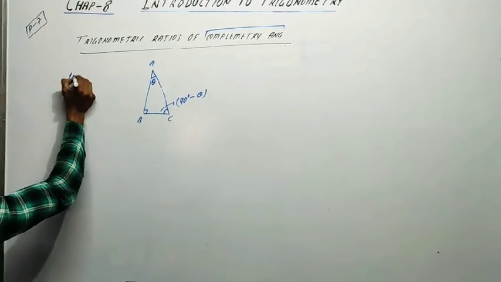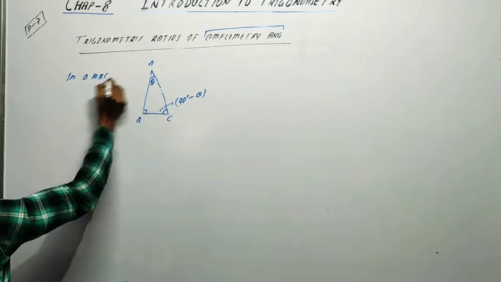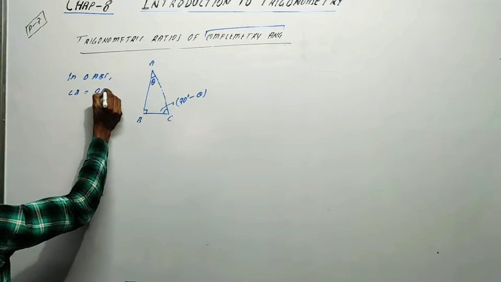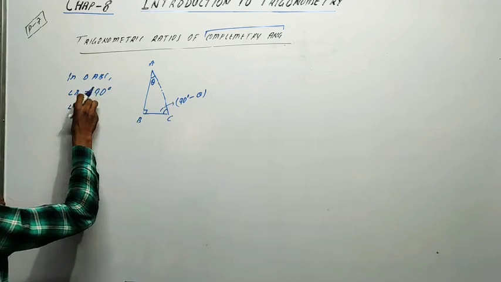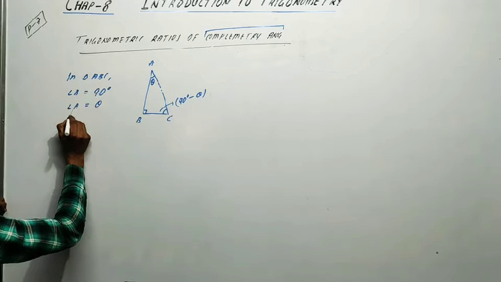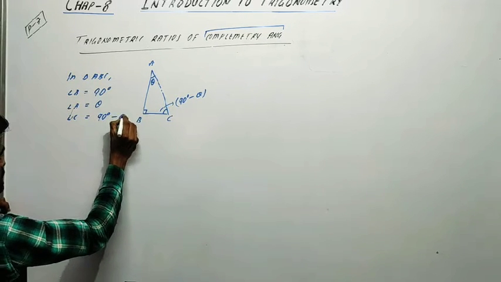So in triangle ABC, right angled at B, angle A is equal to theta and angle C is equal to 90 degrees minus theta.